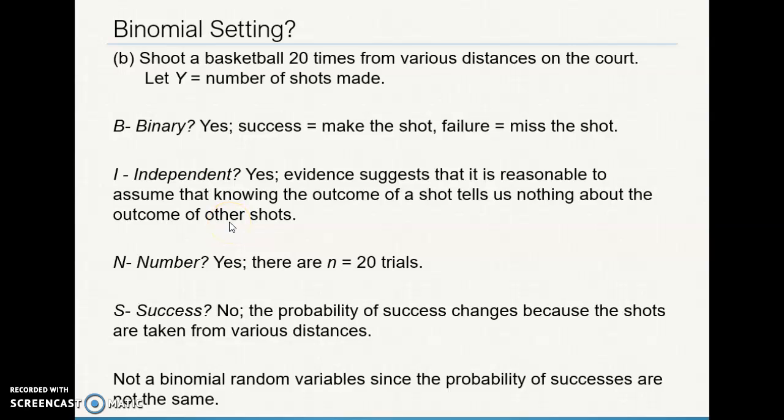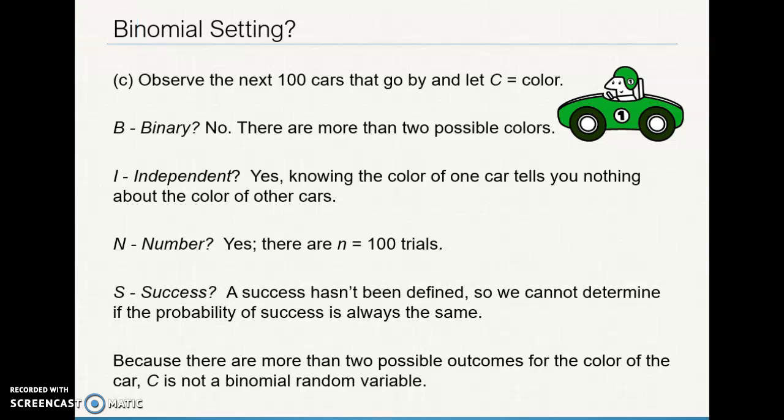So one shot does not affect the other. The number of trials, yes, there are exactly 20 trials, but the probability of success is different because the shots change as you move from various distances around the court. So this is a random variable, the number of shots made. It's just not a binomial random variable because the probability of success is not the same each time.